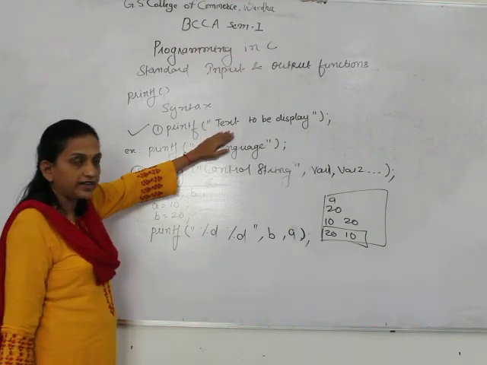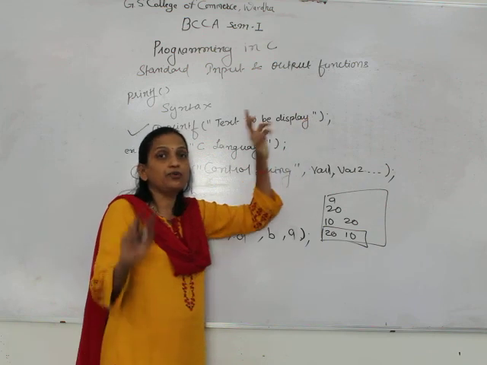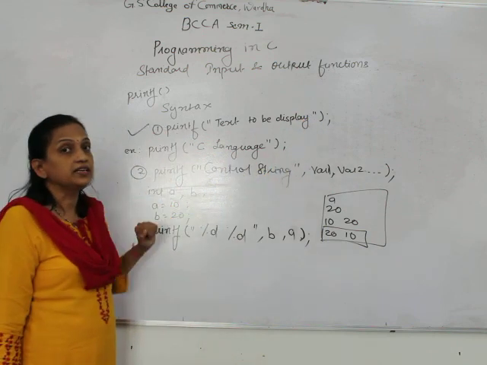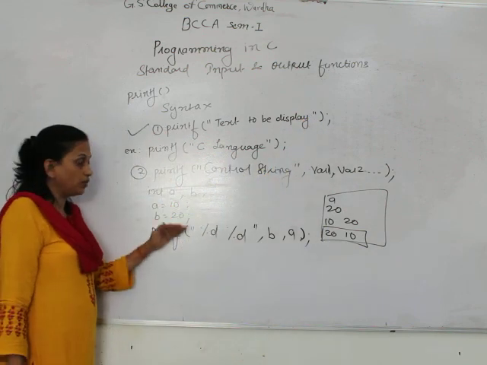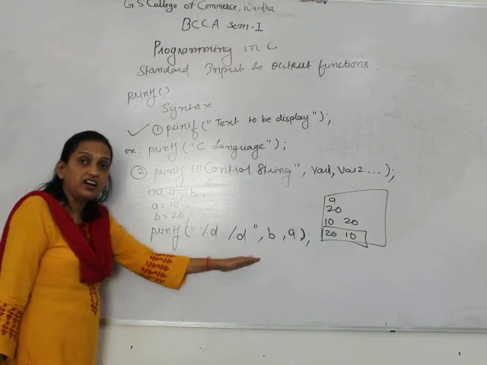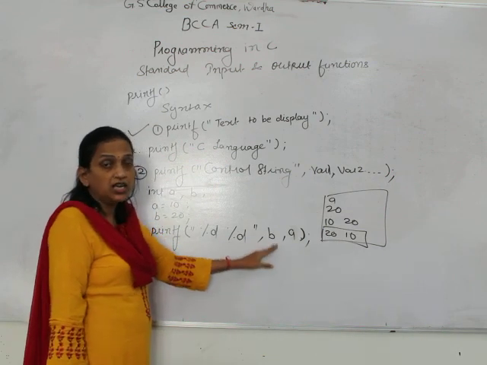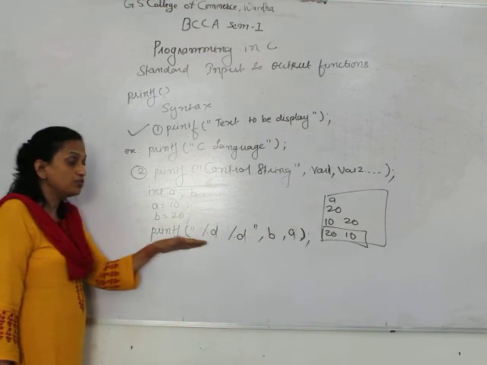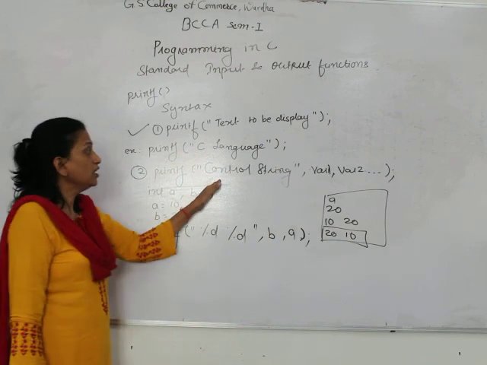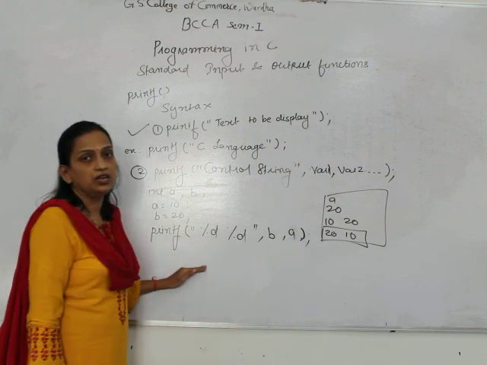If you want to print a text, you have to enclose that text in double quotation marks. But if you want to print the value of any variable, then first you have to specify the control string in the double quotation marks.